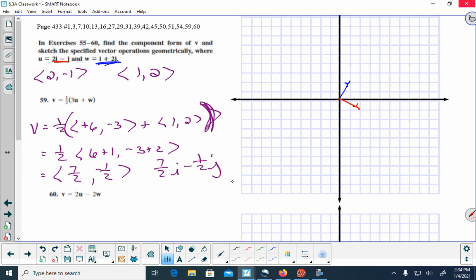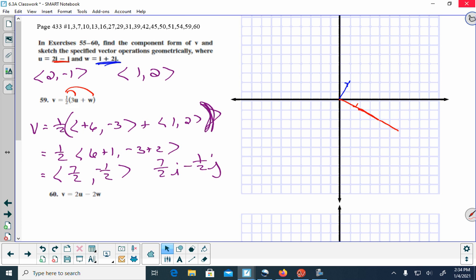So I'm going to do inside the parentheses. Oh, actually, no, I think it's in 3U. So if I take this U and I do 3 of them, so that's 3 of them.